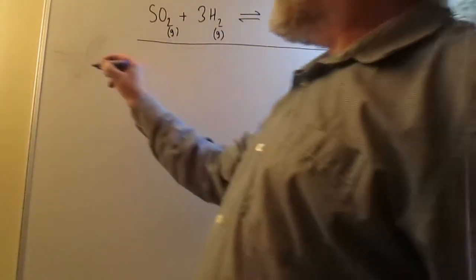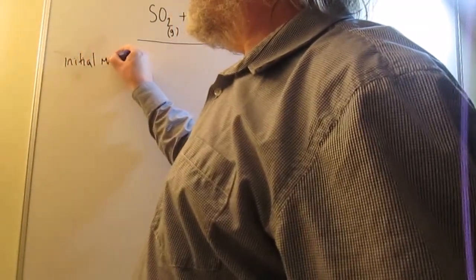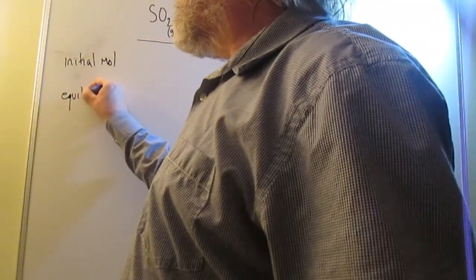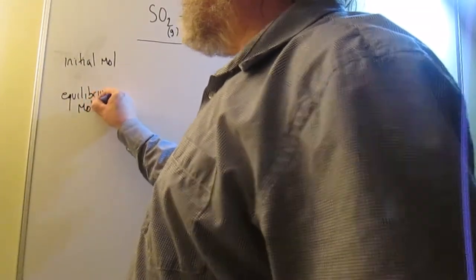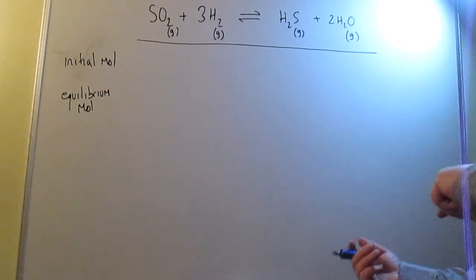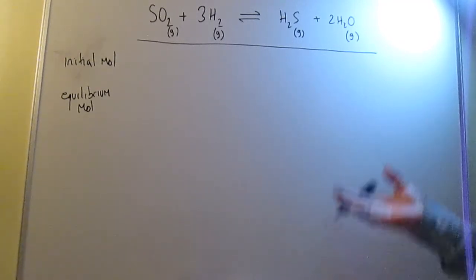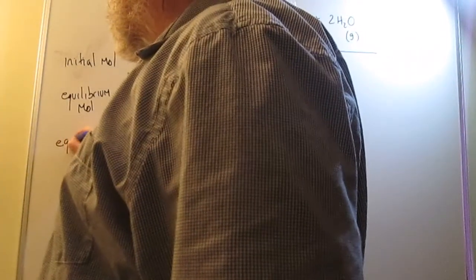And then down the side it's going to have the initial moles, meaning what you put into the pot to start with, the equilibrium moles, meaning what's in the pot once you've allowed it to come to equilibrium. And then depending on whether it's Kp or Kc, you're either going to go into mole fractions and partial pressures, but in our case, because it's Kc, it's equilibrium concentration.